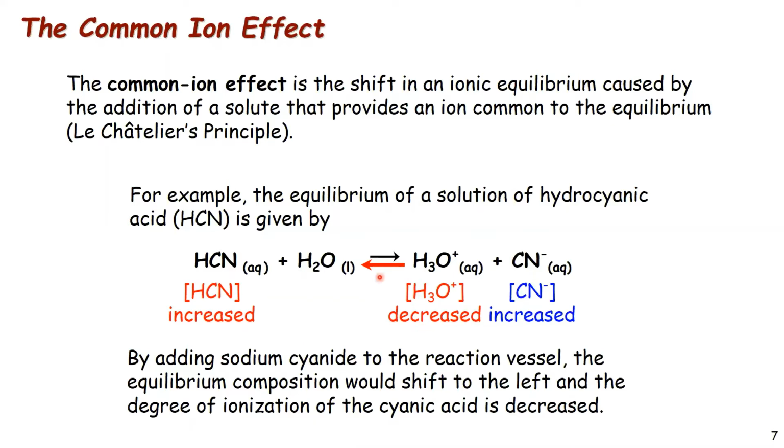So again, it's going to shift. It's going to cause a decrease in the hydronium ion and an increase in the hydrocyanic acid. But again, the ratio of products to reactants is going to be the same as it was before I added the extra cyanide, okay? So does everybody understand this idea then of the common ion effect?